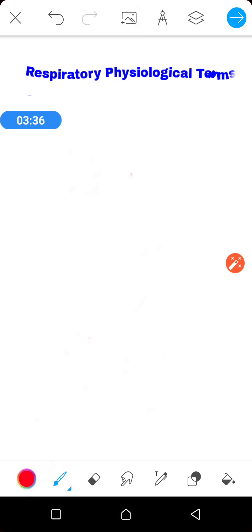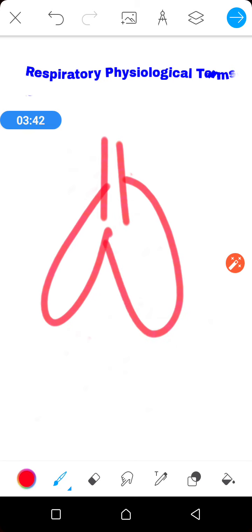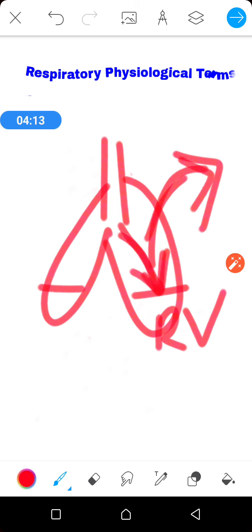And how? Okay, these are the lungs. I know it doesn't look like lungs, but yeah, this is lung. Okay, residual volume. This is the air that is not going to be disturbed when the air comes in or whether the air is going out. The residual volume is there. But what happens between the respirations, when there is not the inspiration or the expiration, but the duration in between these two?